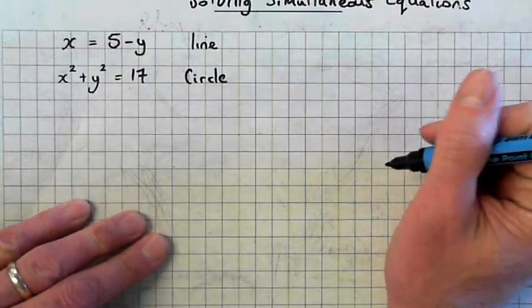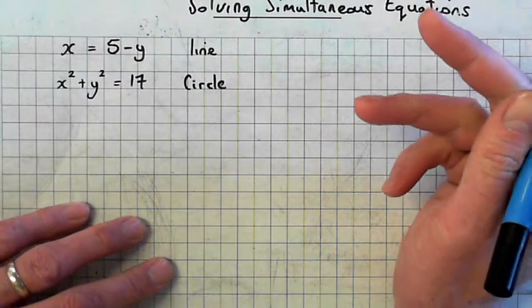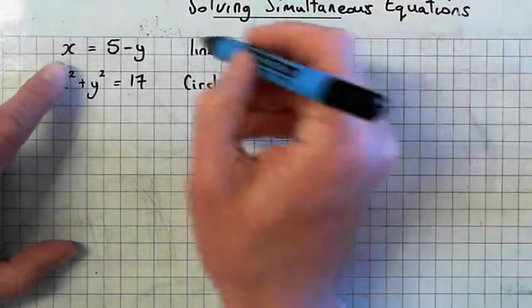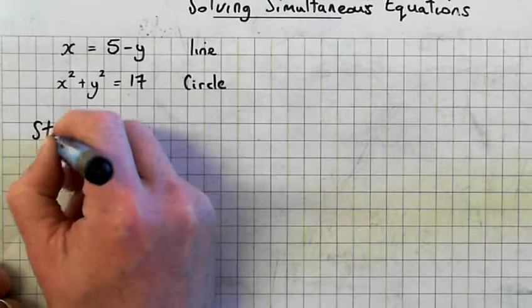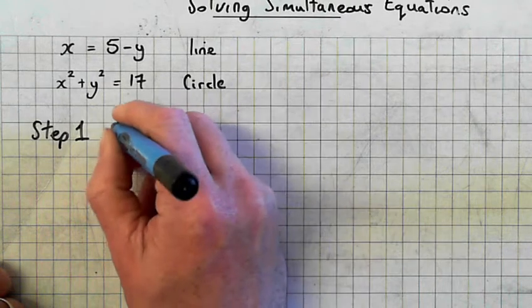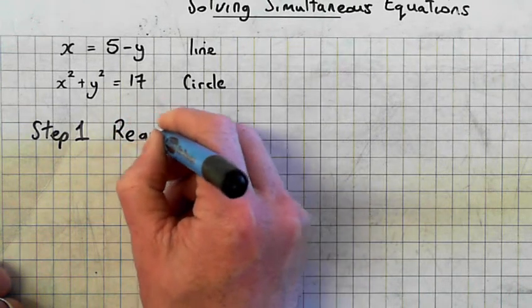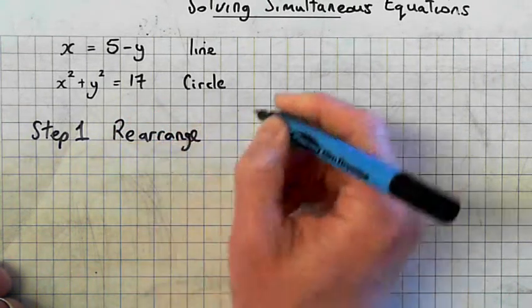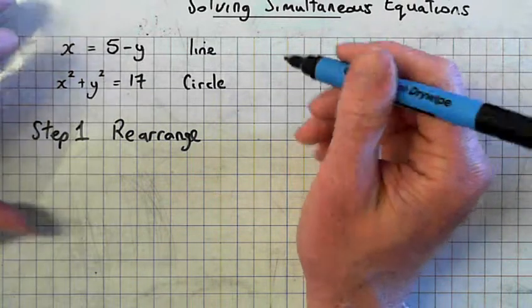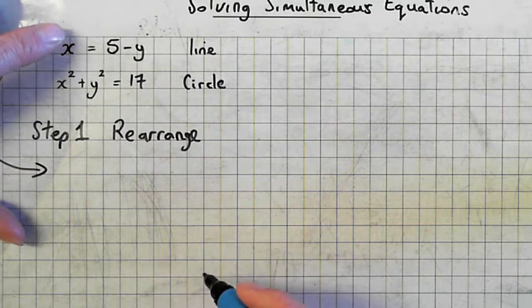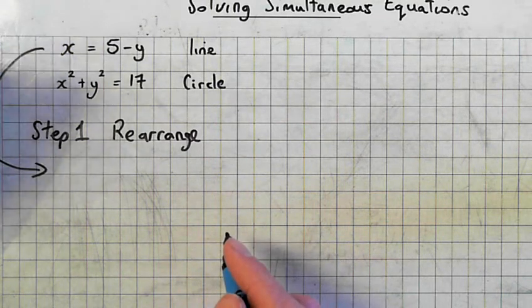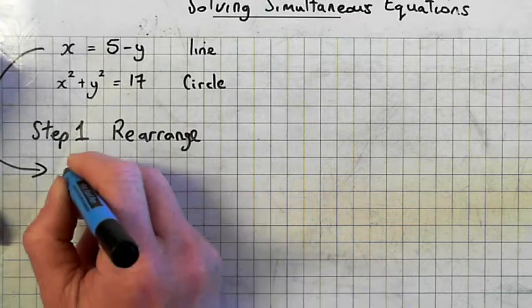Right, to do this sum, there are three steps. The first step is we take the line equation, so call it step 1. And I call it, so rearrange. You rearrange the line equation. So you take the line equation, and you have to rearrange so you have at least x or y on the left hand side on its own.